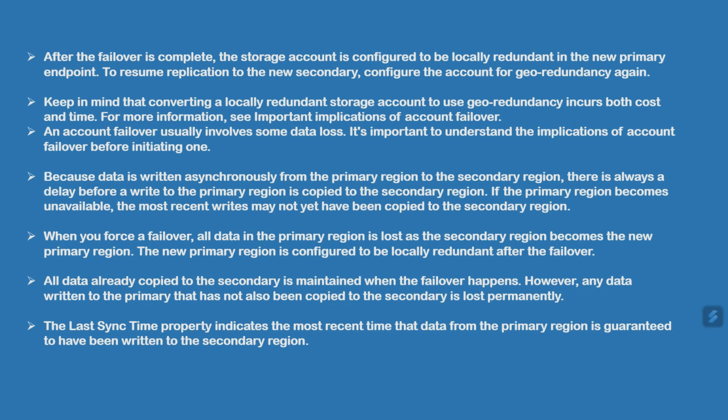When you force a failover, all data in the primary region is lost, as the secondary region becomes the new primary region. All data already copied to secondary is maintained when the failover happens. However, any data written to the primary that has not yet been copied to secondary is permanently lost.